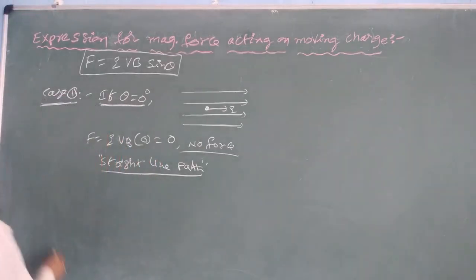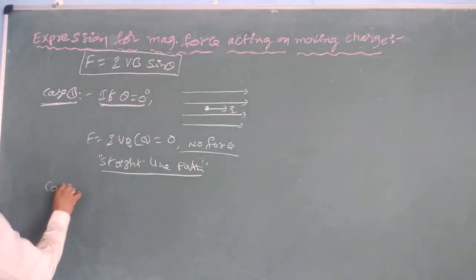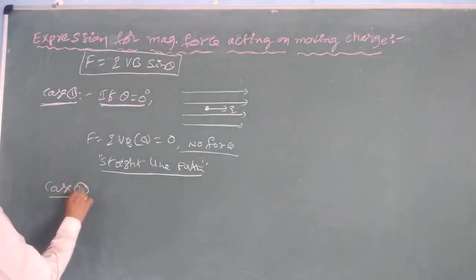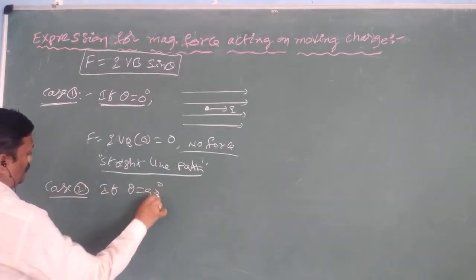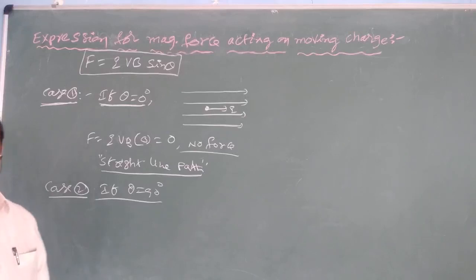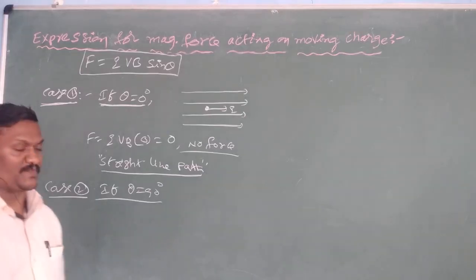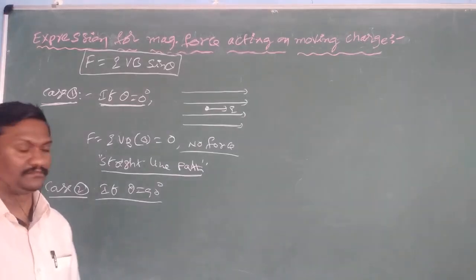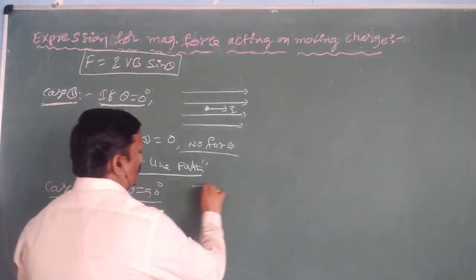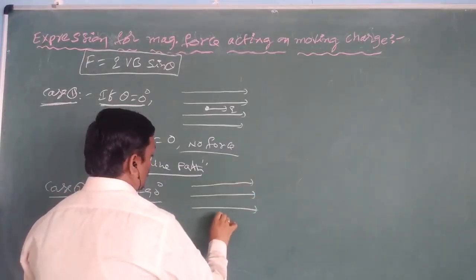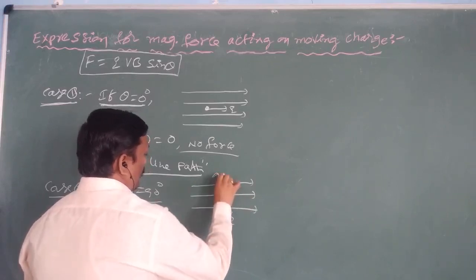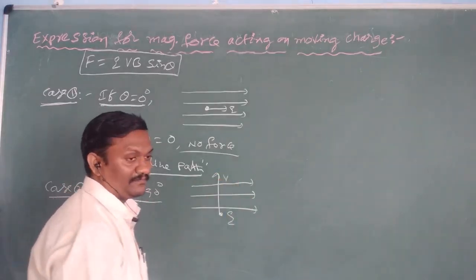Next, case 2. If theta is equal to 90 degrees, what is the meaning? The charge is moving perpendicular to the direction of the magnetic field.